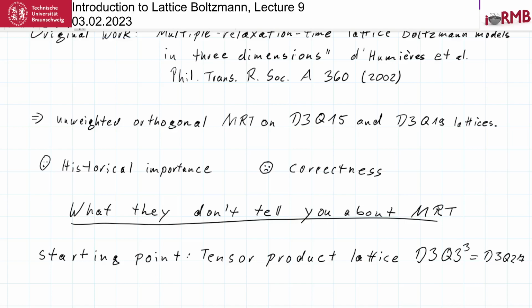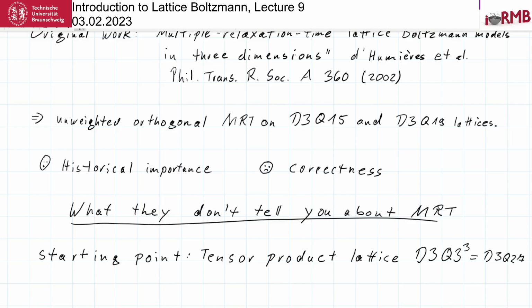And now it's interesting that in this paper we have only 15 and 19 speeds. You could of course argue fewer degrees of freedom means more efficiency, but if you ask de Humières, he would tell you, okay, I never tried this. So later Lamont and Dubois set up an MRT lattice Boltzmann method for 27 speeds, at least theoretically, but it's never actually published.